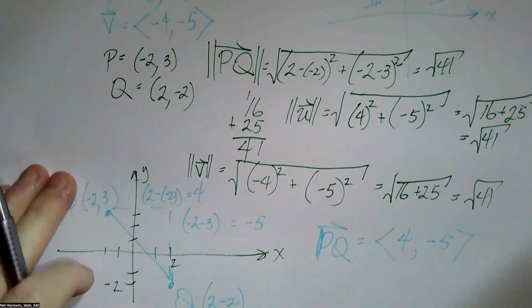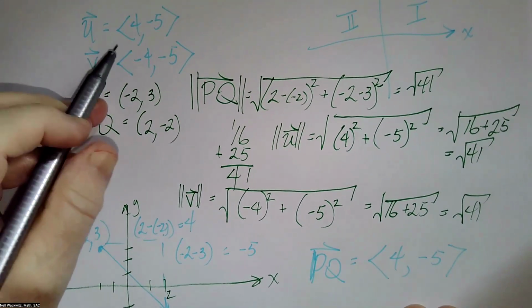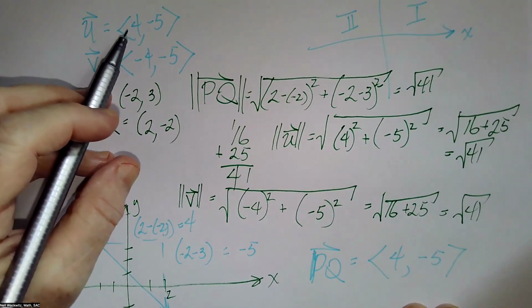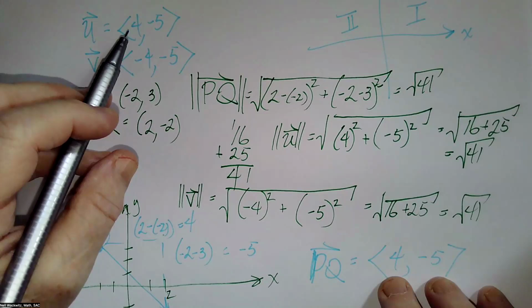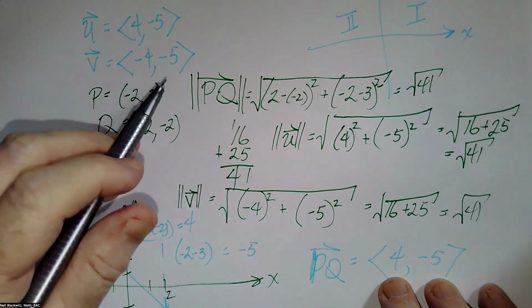And now we can easily compare the three vectors. U was 4, -5, and 4, -5 is also PQ. V is -4, -5.